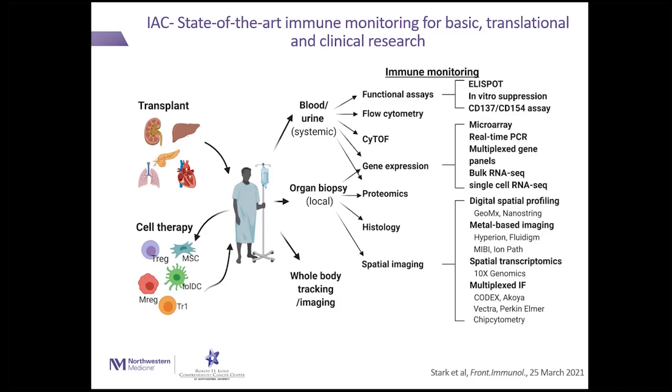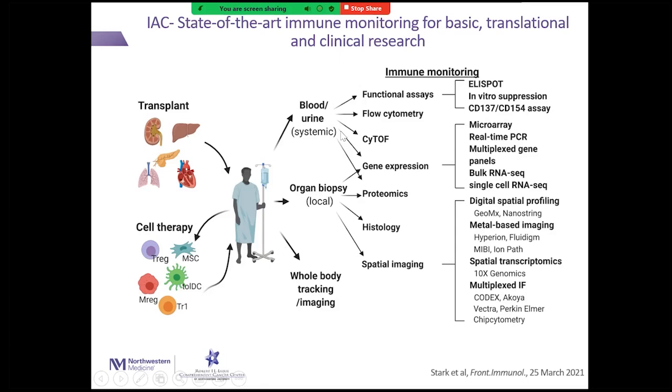For example, let's say there is a patient who underwent transplant or got a cellular therapy or some kind of treatment, whether radiation or any kind of drug treatment. Then you would need to monitor the immune responses after those treatments. That can be done systemically with samples like blood, urine. It can be local with organ biopsies, or it can be whole body tracking by imaging methods.